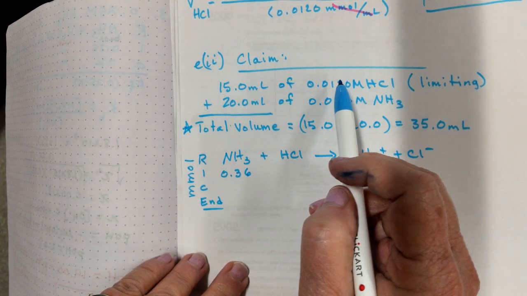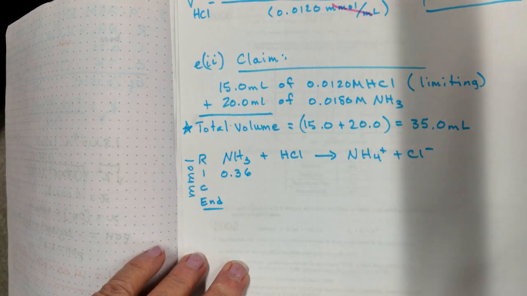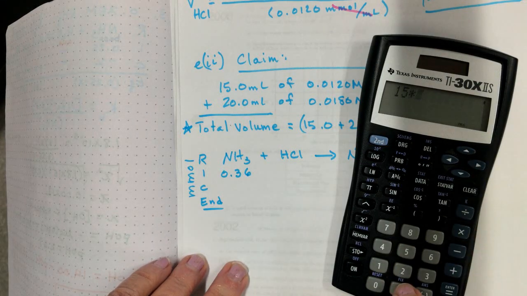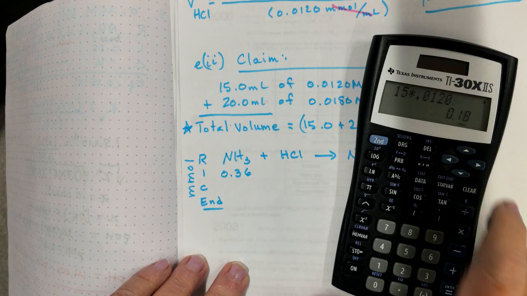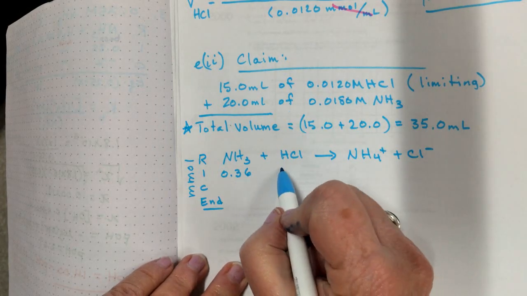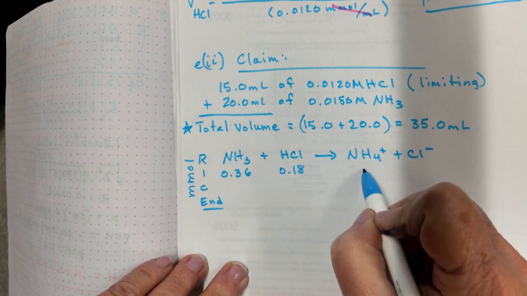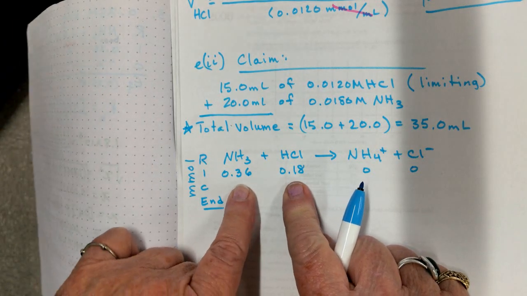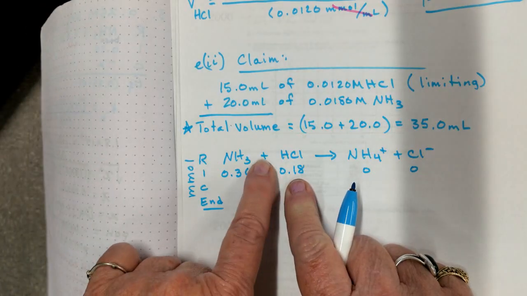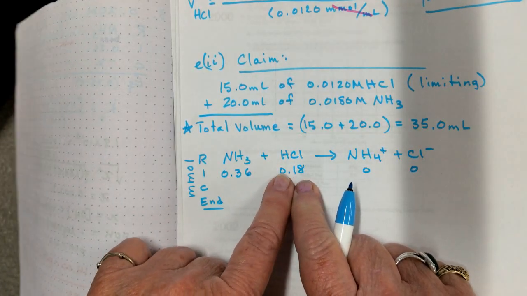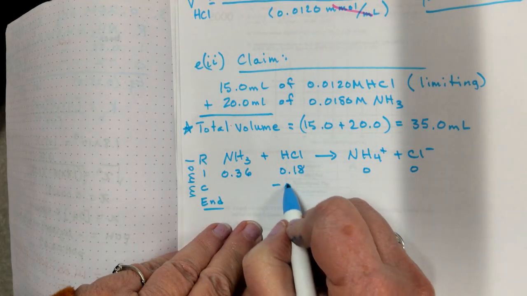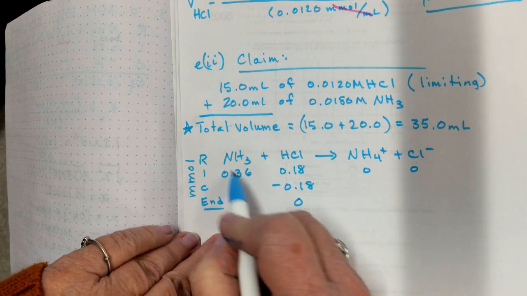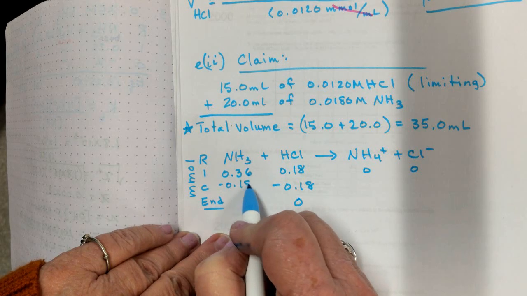How much of the acid do I have? 15 times 0.0120 is 0.18. So that's what we had at the start. We didn't have any of that. Then what's limiting? HCl is limiting because they're in a 1-to-1 mole ratio and there's less of this. So we're going to use up all of that. We don't have any left over. It's going to react in a 1-to-1 mole ratio.